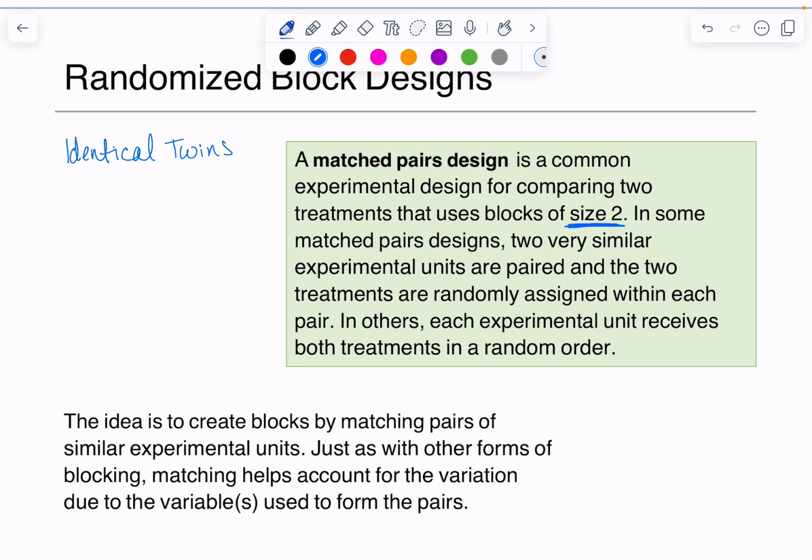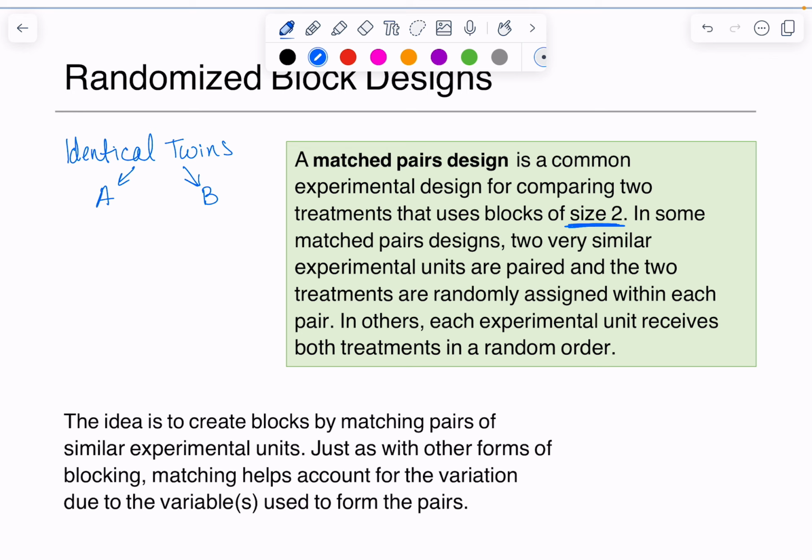Okay, one person gets treatment A, one person gets treatment B. So that's what I mean by blocks of size 2. Each group just has 2 people in it. I have one group of twins. I have one person get treatment A, one person get treatment B.